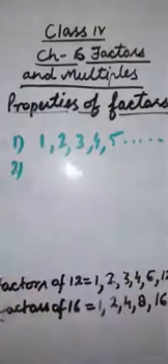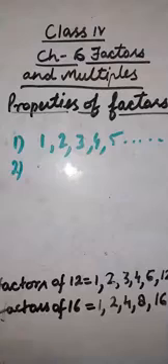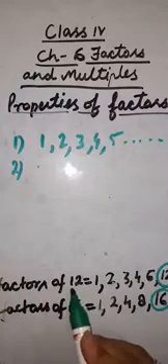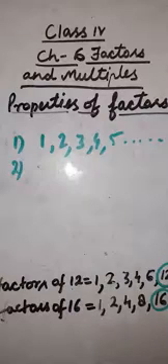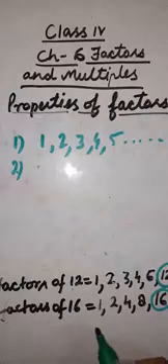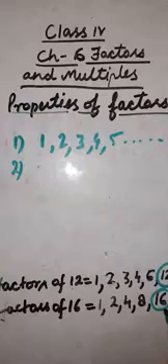And look at property number 2. So look at the last number. This is 12 and here it is 16. So in the factors of 12, the last factor we have here is 12, and in the factors of 16, the last number we have here is 16. It means that a number is its own largest factor.